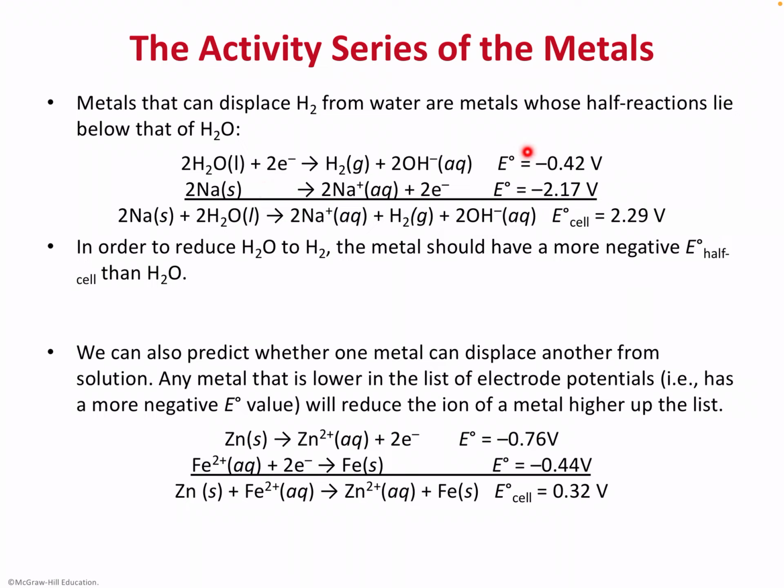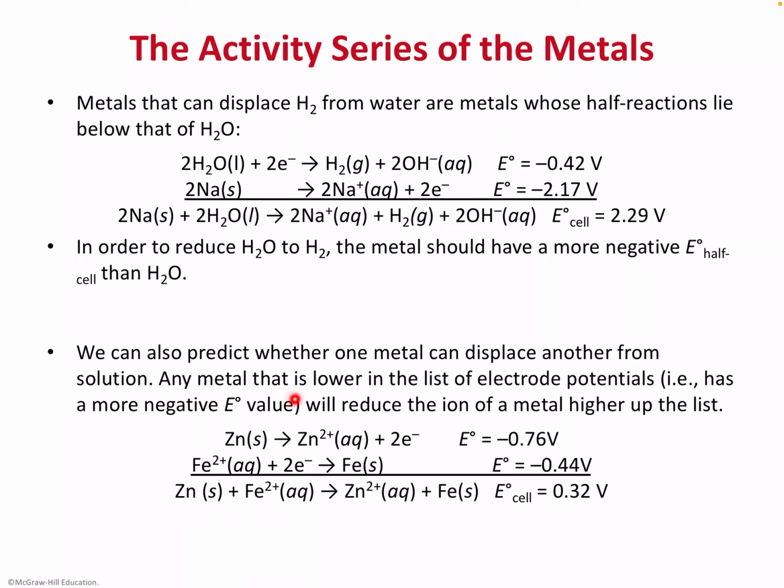And this is the reaction for the water, and this is the reaction for the sodium. So sodium will act as the oxidation, and then the water will undergo reduction, and the E naught cell is 2.29. In order to reduce water to hydrogen, the metal should have a more negative E naught half cell than water, like this, more negative.